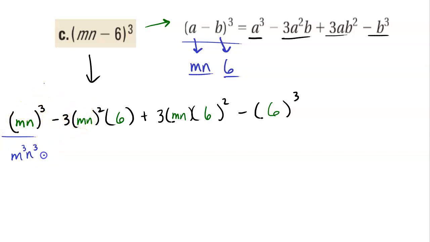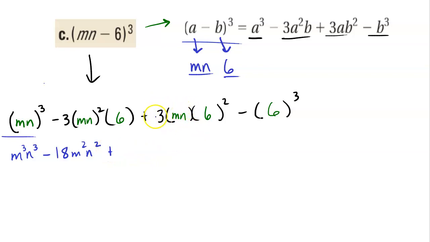And then I'm going to have a minus. Okay, so now I have the 3 times 6 here. So 3 times 6, I'm going to have 18. And I have mn, and that's all squared. So very similar to what I had first. But now I'm going to have m squared n squared plus.